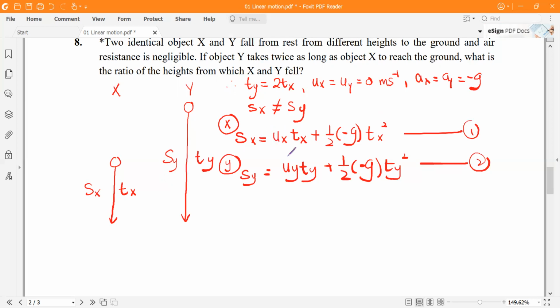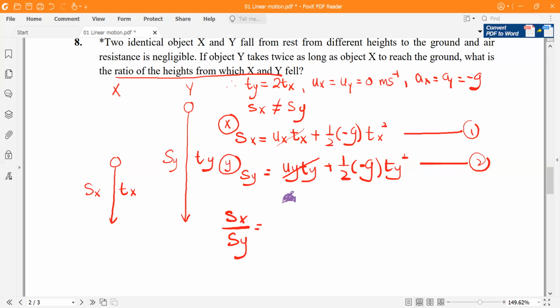Now, what is the question? The question asks for the ratio of the height Sx to Sy. So we want to find the ratio of Sx to Sy. We know the initial speeds Ux and Uy are 0, so that will not be involved.